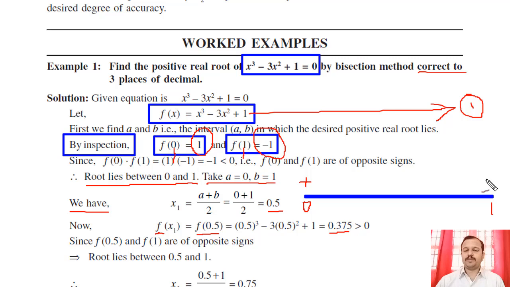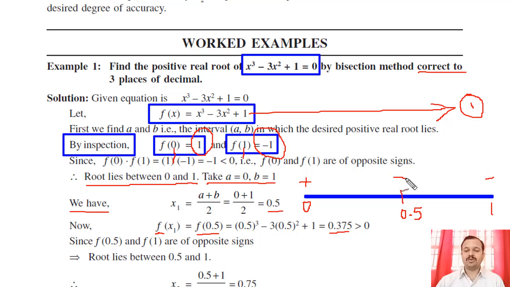So positive, negative, and in between them the root was existing. Therefore, we went for the bisection of the interval and got the value 0.5, exactly the midpoint, in the first approximation. After having this 0.5, we computed f at 0.5, and it is again positive.